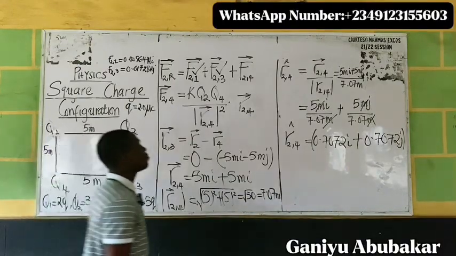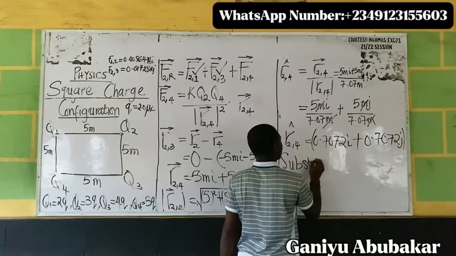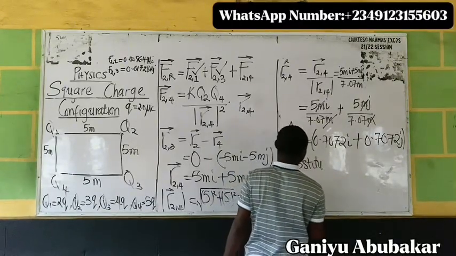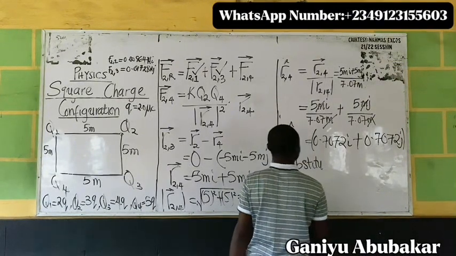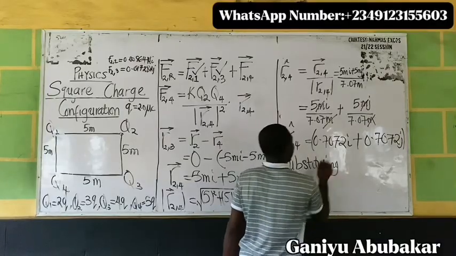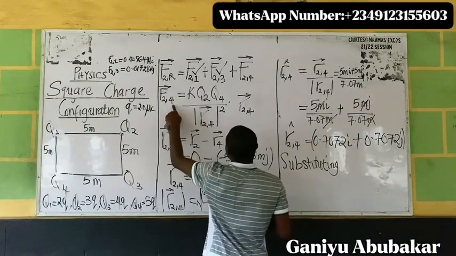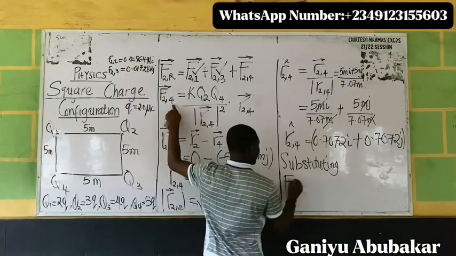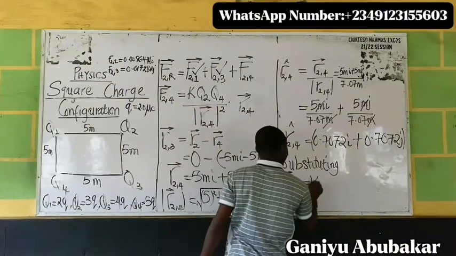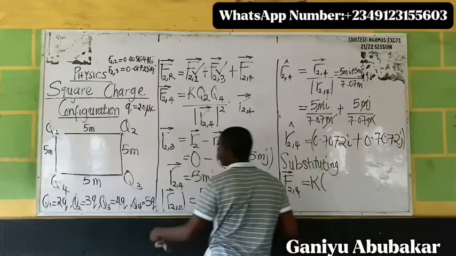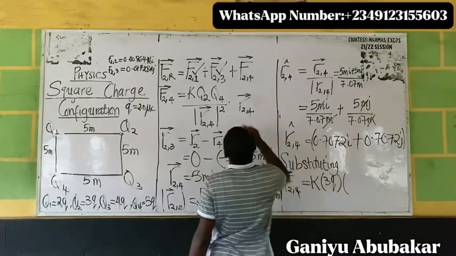Now substituting, I have that F24 resultant, that's F24, is equal to K into Q2. Q2 is 3Q, into Q4.